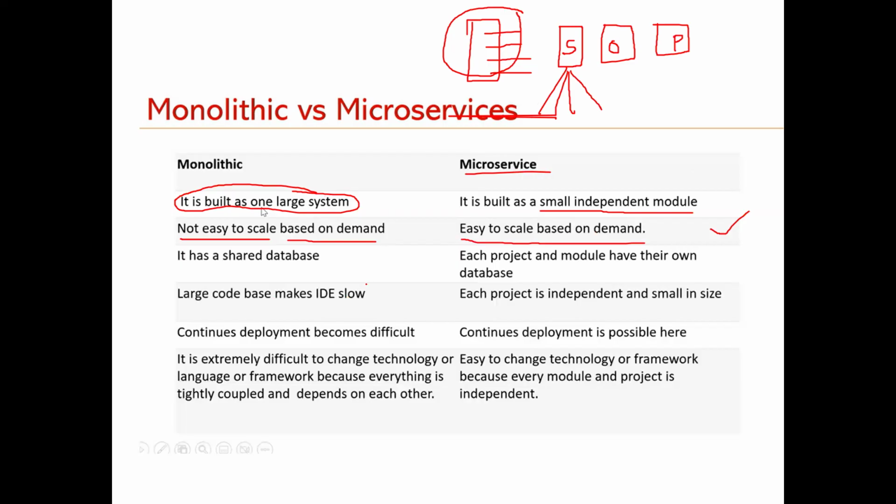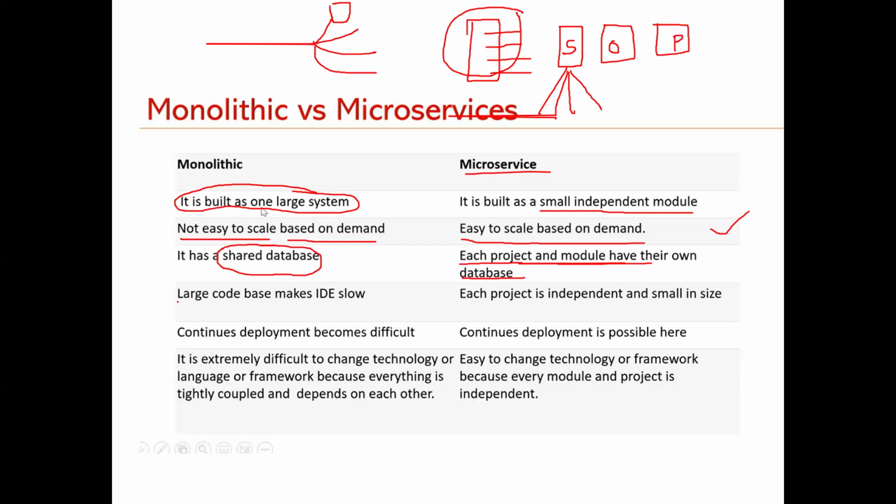In monolithic architecture, it is a shared database, that means a single database for all the functionalities. But here each project and module has its own database. For example, if you take MySQL as a single database but create multiple schemas, you can feel it is a kind of microservice architectural style. But in a monolithic, all tables are in a single schema. In a microservice architecture, every schema has its own database.